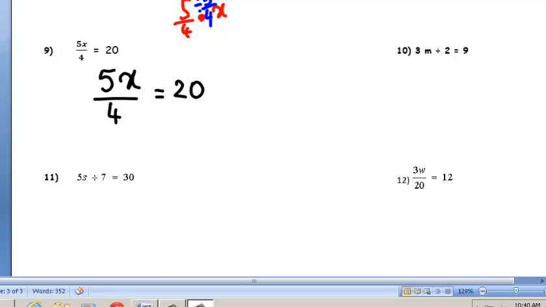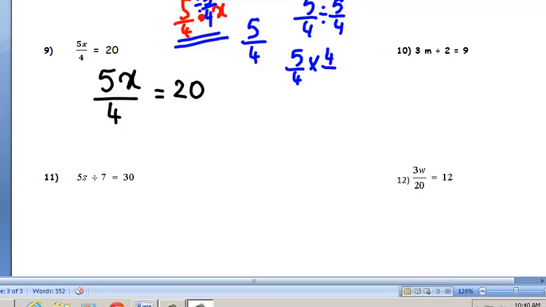So far with me? Okay. Now, instead of dividing by 5/4, what I do is keep, change, flip. I'm just going to go ahead and say multiplied by 4 over 5.